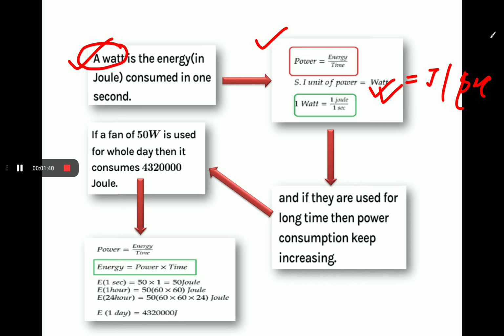Here we know the formula of power is equal to energy by time, and the fan has a power rating of 50 watt, that is, power is equal to 50 watt, and we have to calculate the energy consumption. The time is given as 24 hours. Here the power is in SI unit but the time is given in hours, so we have to convert it into seconds.